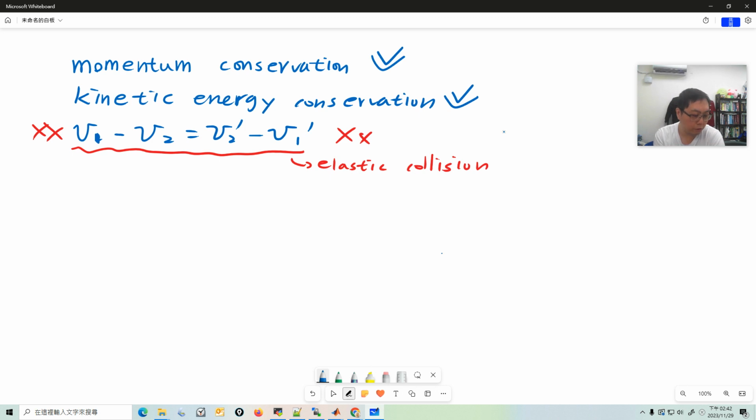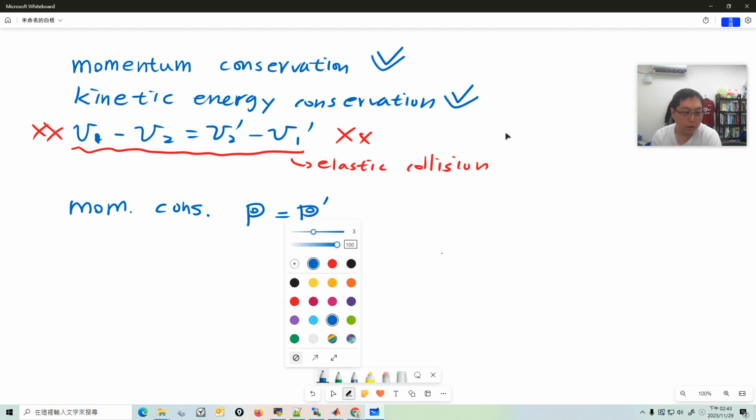First of all, momentum conservation. Let's use it to write the first equation. The momentum before the collision equals the momentum after the collision.